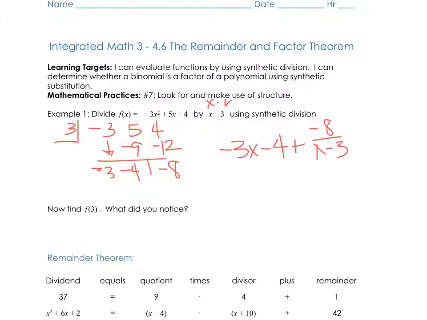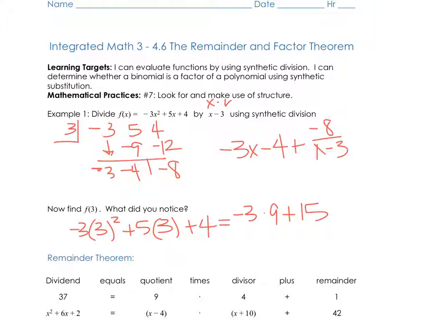Now it wants us to find the function of 3. So let's look at the function f, and let's write the function. Everywhere there used to be an x, I'm going to put a 3. So negative 3 times 3 squared is negative 3 times 9, plus 5 times 3 is 15, plus 4.